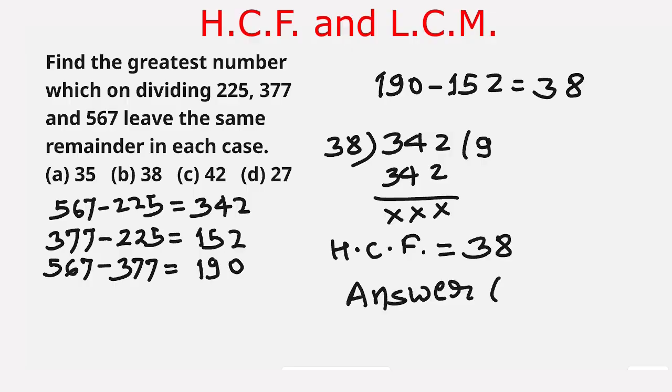And from the given options, our answer is option B, 38, which is the number on dividing 225, 377 and 567 leave the same remainder. I hope you have understood the method of solving such type of questions. We go to the next question.